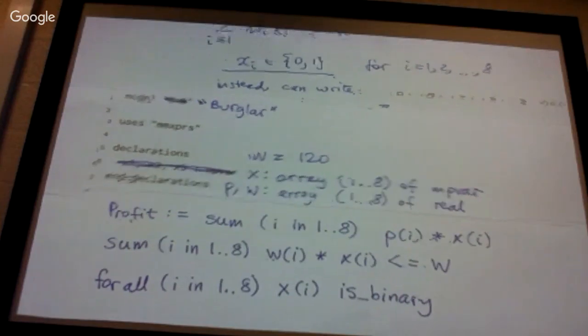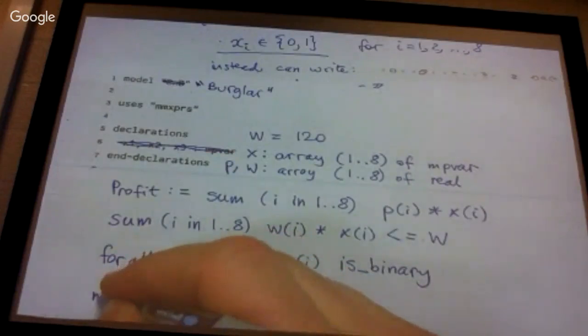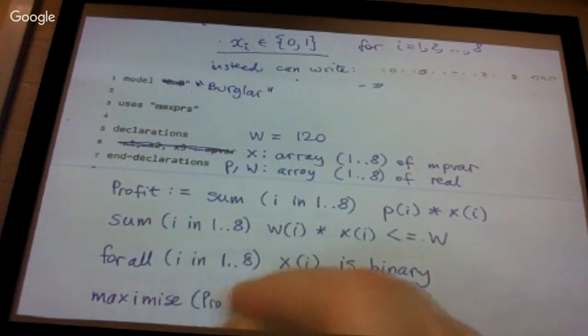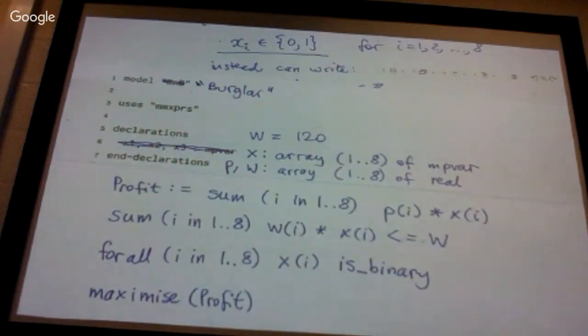And that's the new bit. And then you just maximize profit. And that's it. So that's just a glimpse of what you would do if you wanted to solve it.